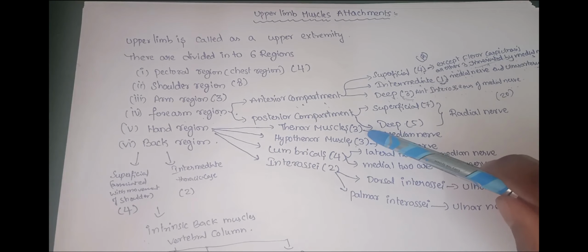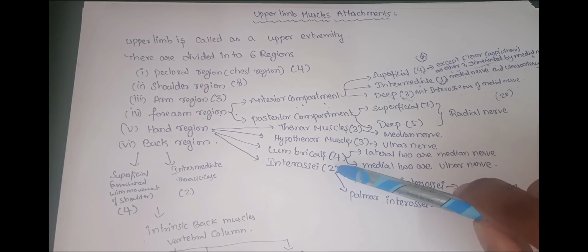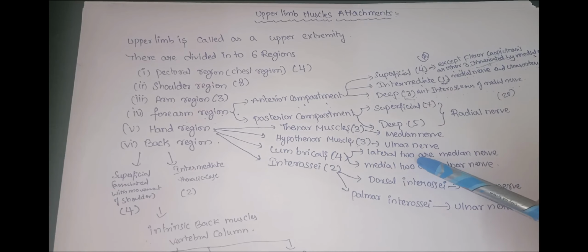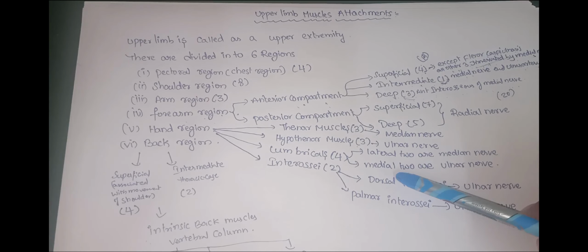Same. So next, lumbricals. How many lumbricals are present in the hand region? There are 4 lumbricals in the hand region. On the lateral side we have 2 lumbricals, and on the medial side we have another 2 lumbricals.